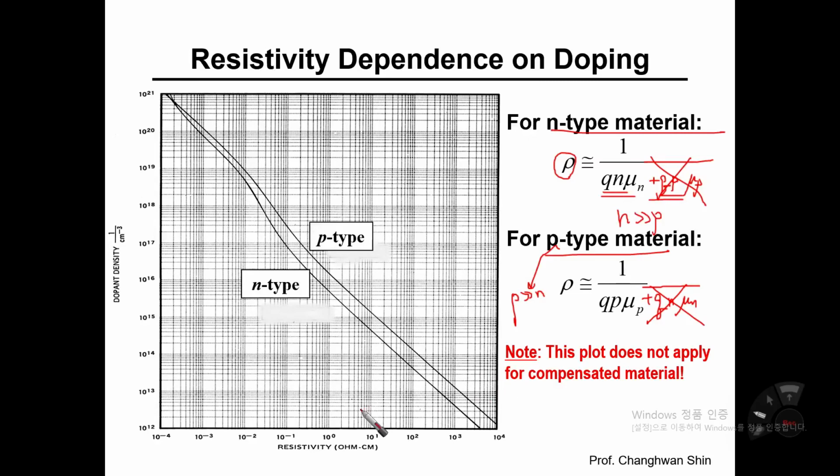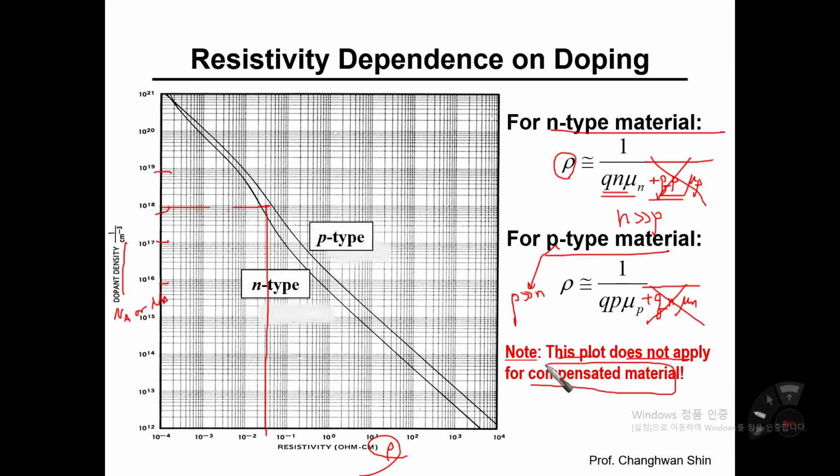And on the left hand side, you can see that dopant density means Na or Nd, and the x-axis indicates resistivity. So depending on the doping concentration, by reading out the value from here, you can simply estimate the resistivity value.